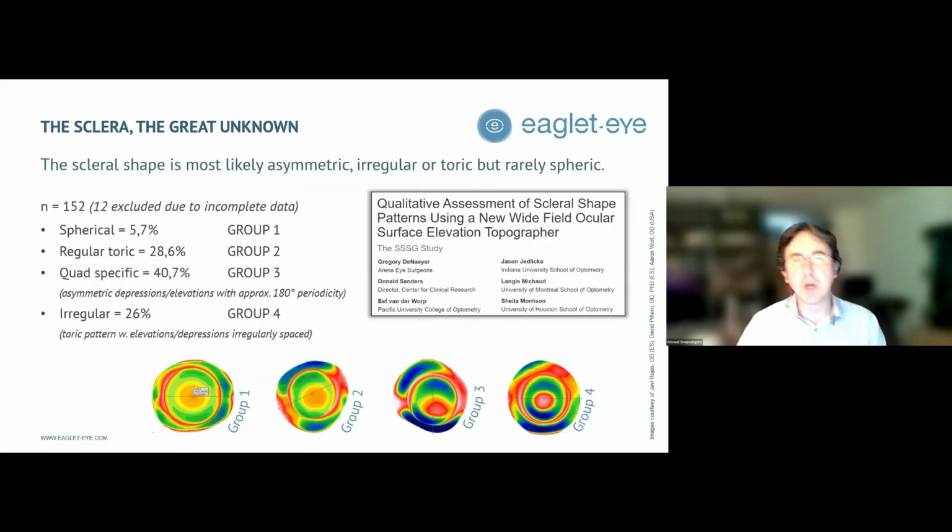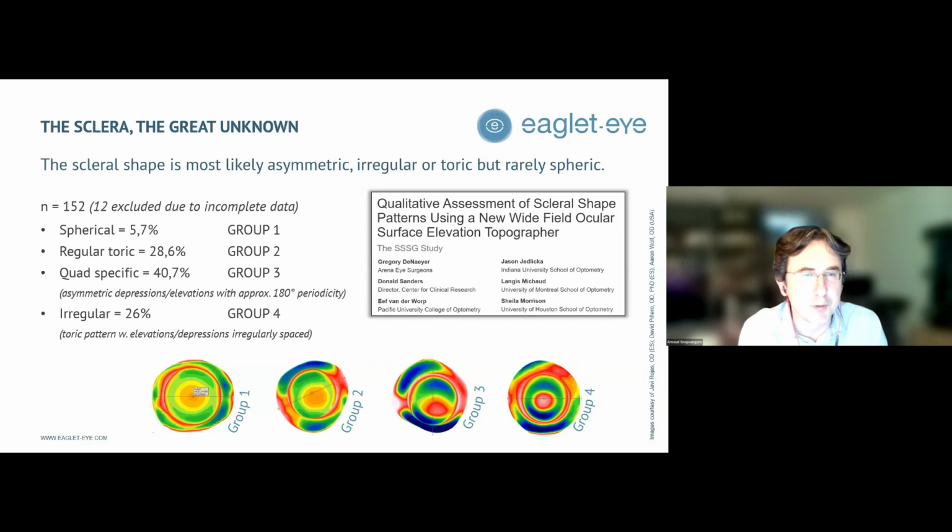And so one of these publications basically categorized the various scleral shapes. And to everyone's surprise, less than 6% of the scleral shapes is spherical. And so that means that a whopping 94% is more asymmetric than that.